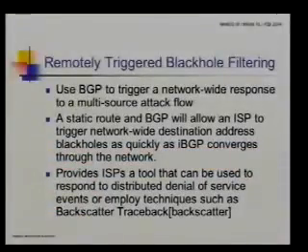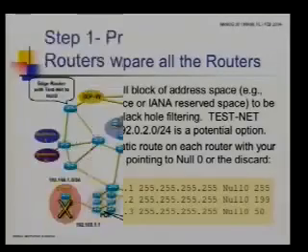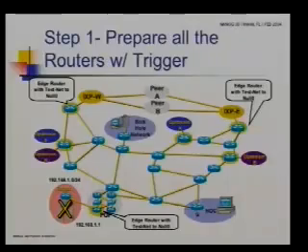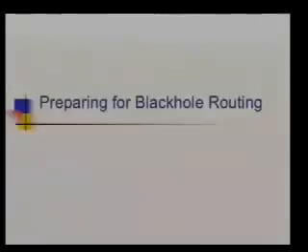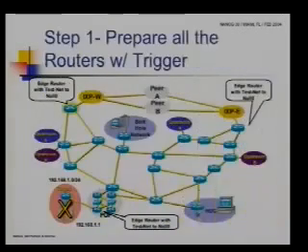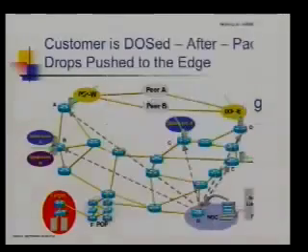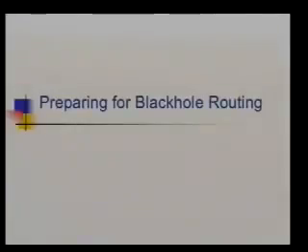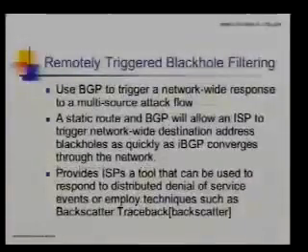Essentially, a static route in BGP will allow an ISP to trigger a network-wide destination address block as quickly as BGP converges through the network.